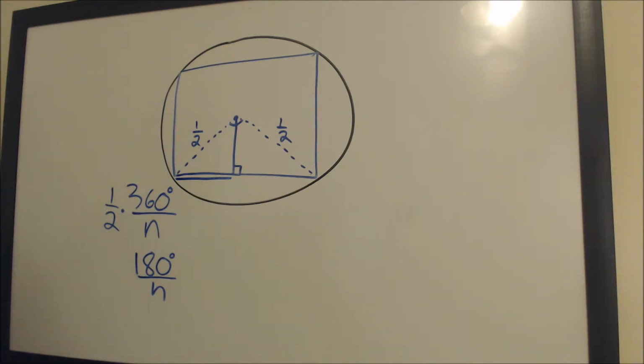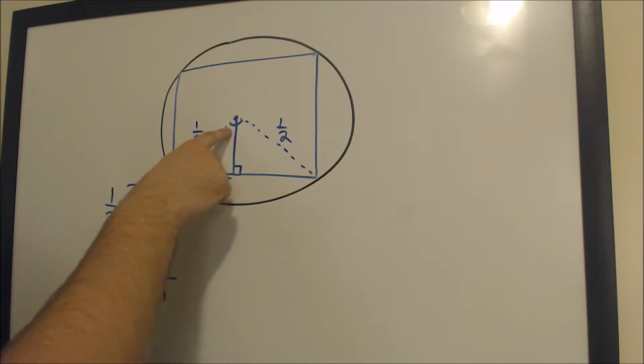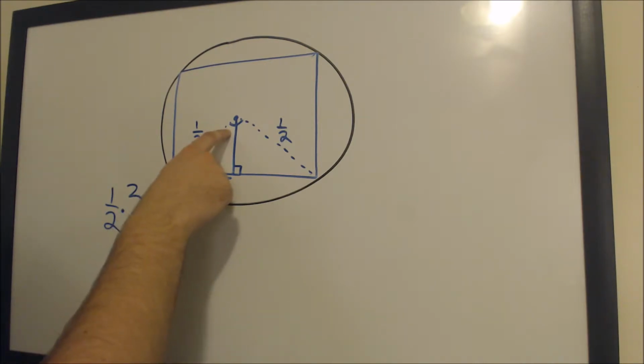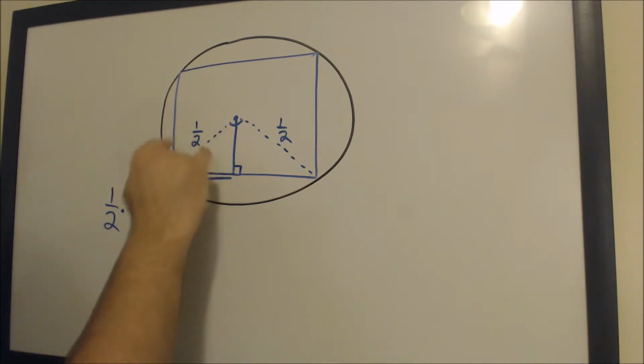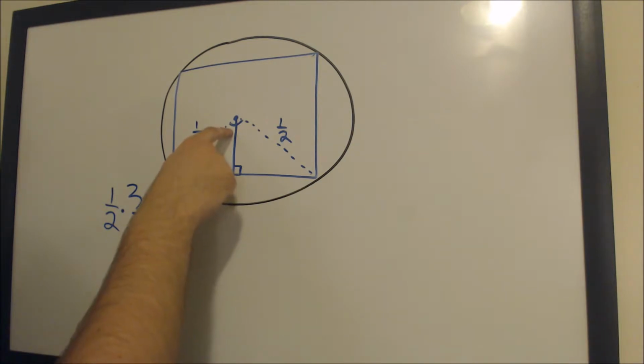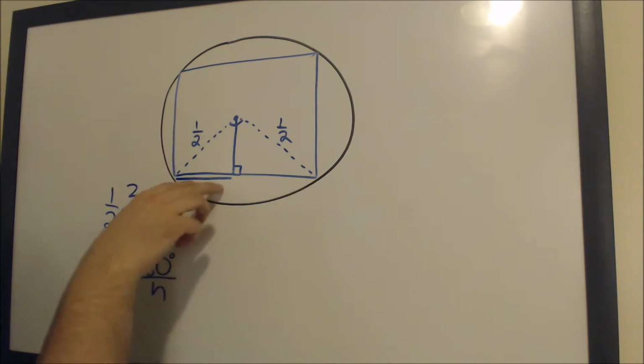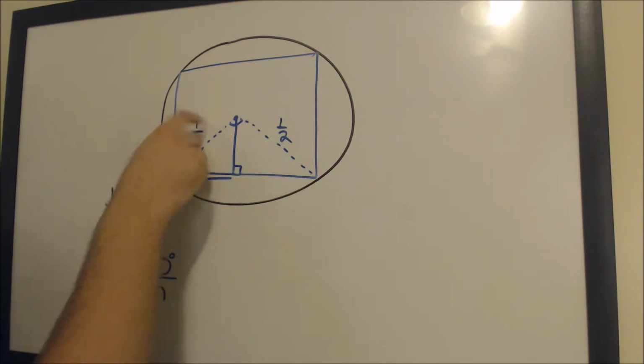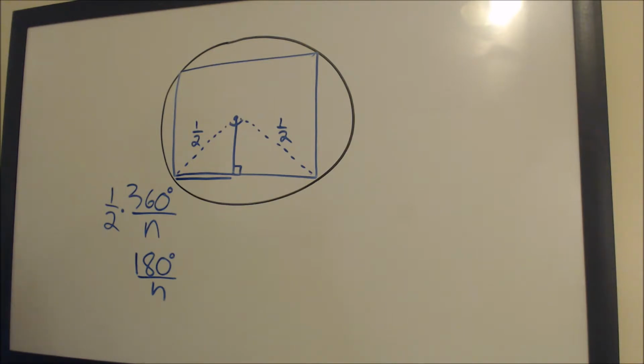Now, if I use trigonometry, I have this angle here is 180 degrees divided by n. Now, I know that for an angle, the sine of that angle is equal to the opposite side divided by the hypotenuse of the right triangle.